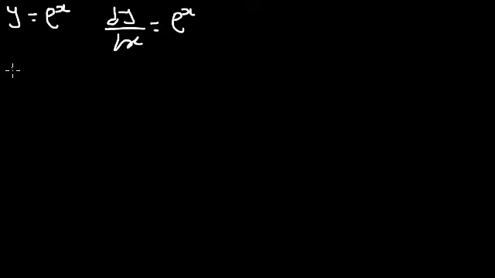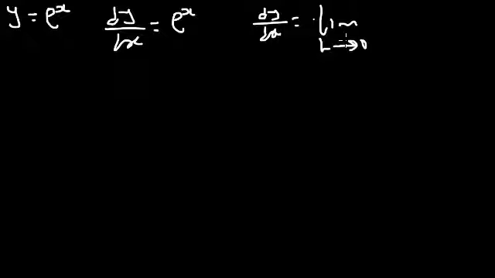From the definition of derivative, we have that for any function, the derivative of that function, dy/dx, which is the same as f prime of x, is simply equal to the limit as h approaches 0, where h is just an increment in the x-axis. Some textbooks usually represent it as delta x.